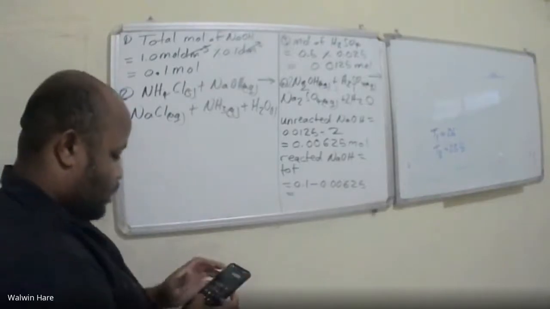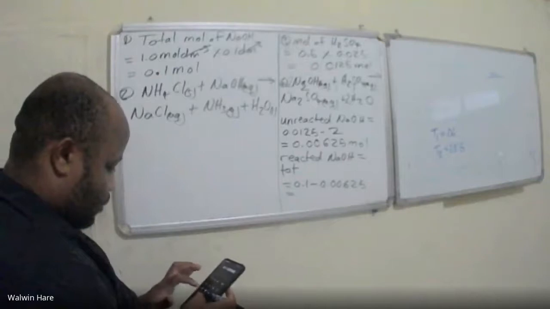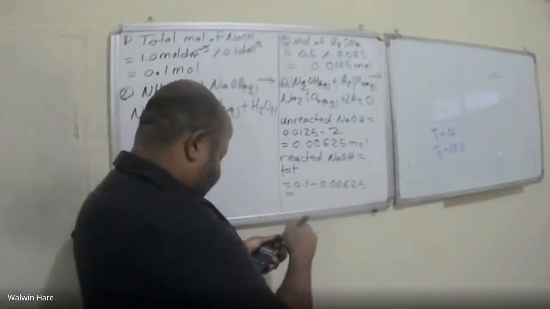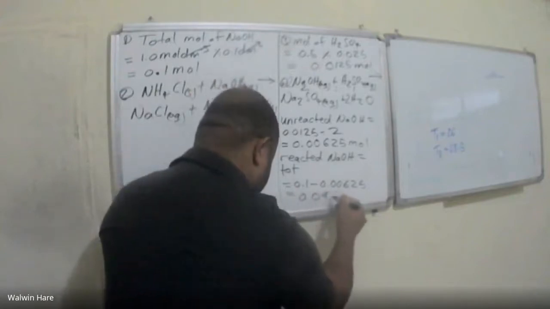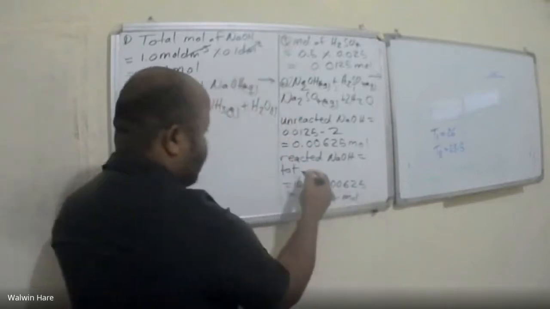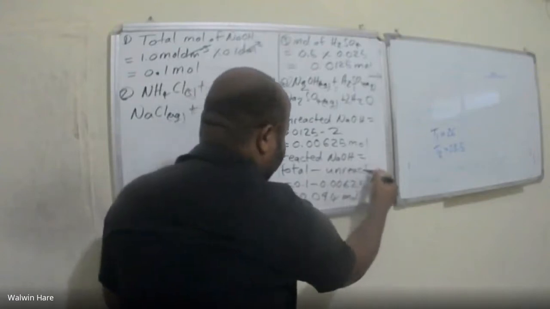How much was that? Let me see. 0.094 if I round off. 0.094 moles. Alright, so it's total minus unreacted.